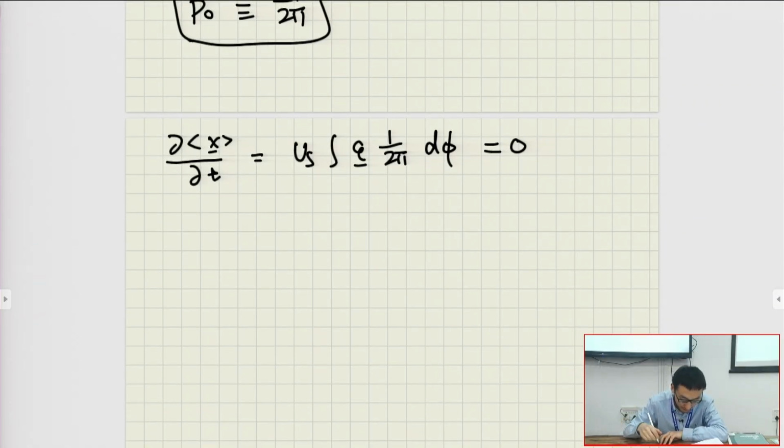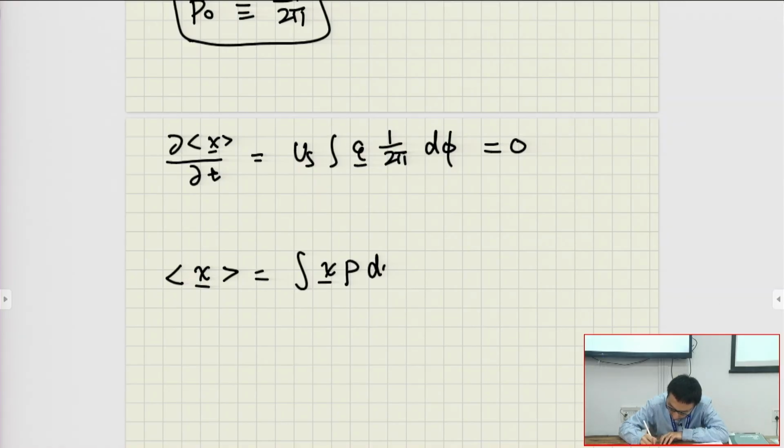Okay, so essentially, if we revisit our calculation, we have the average of x is the integral of x p dx dq, right? So we can also write this in the following way. We can carry out the x integral first, as we did for p naught, and then leave the q integral for later.